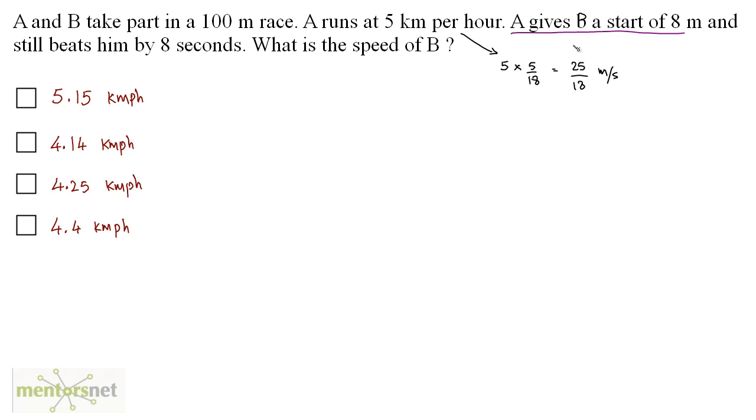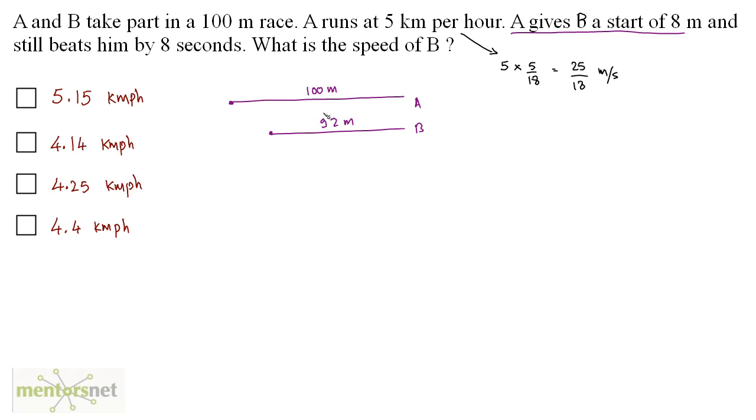This means that B is ahead of A by 8 meters at the start of the race. So A travels 100 meters, and B travels 100 minus 8, because it has got a start of 8 meters. So 92 meters is the distance traveled by B.